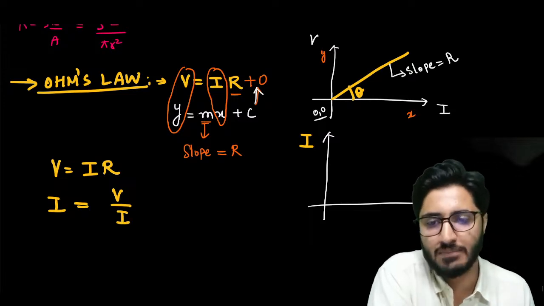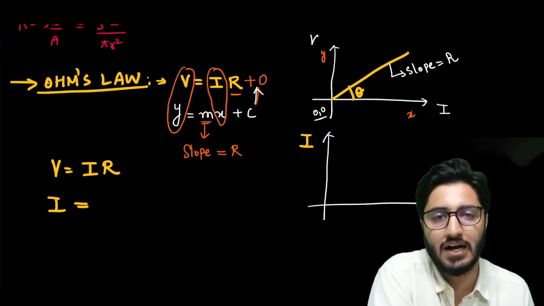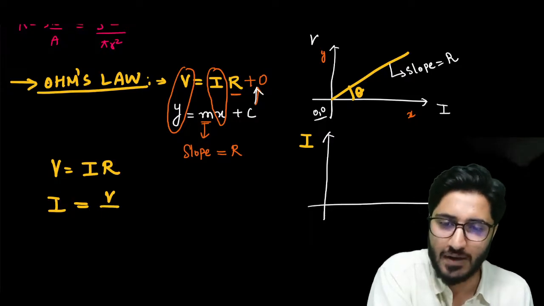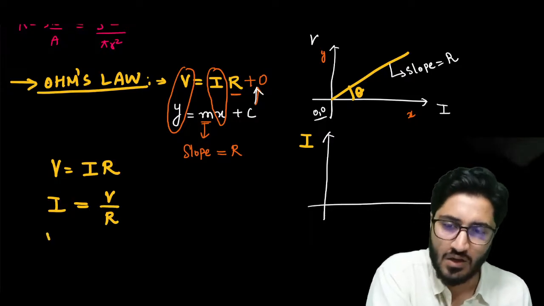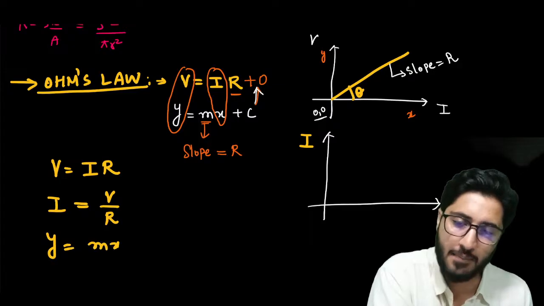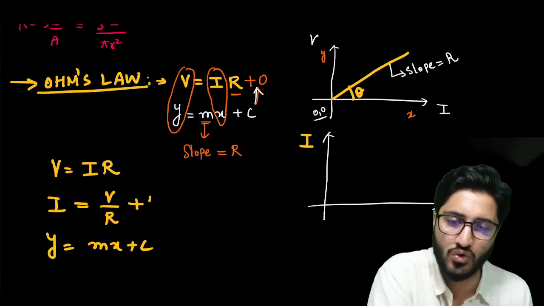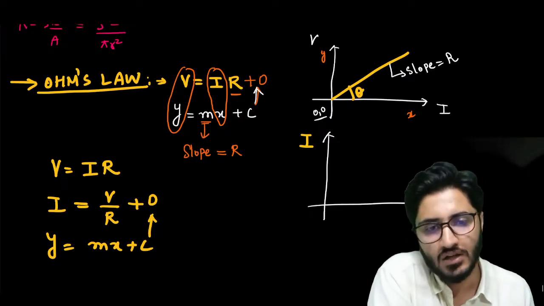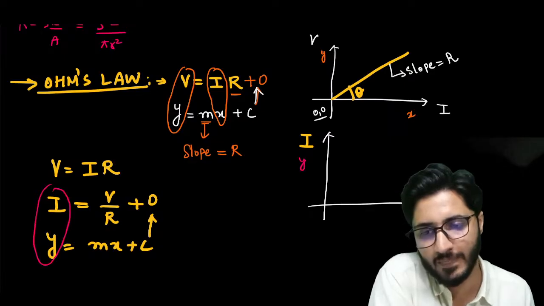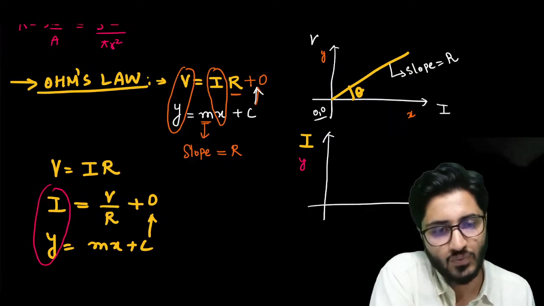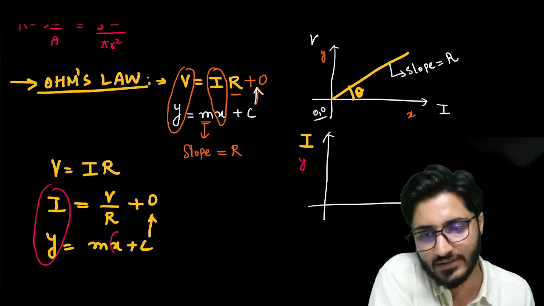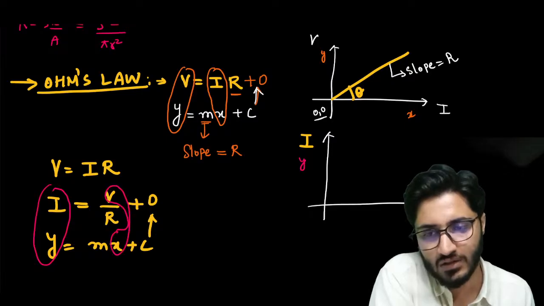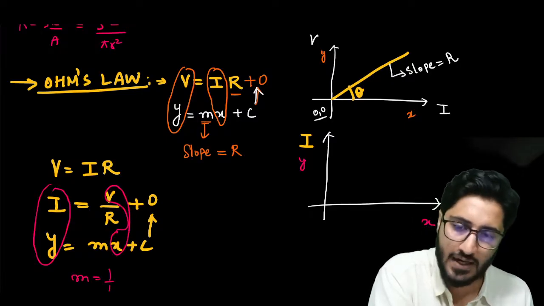No, it is not V by I. It is V by R. So y is equal to mx plus c. Here I will write 0, no issue. Still intercept is 0. On the y-axis we have I. On the x-axis we have V. So m came out to be 1 by R.